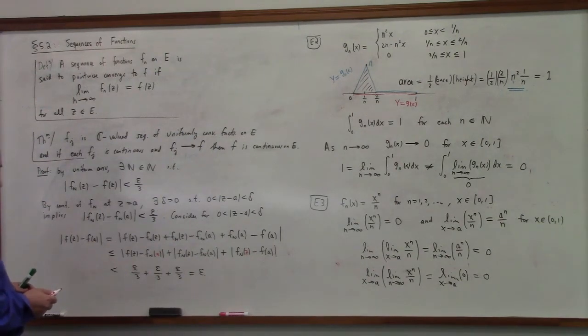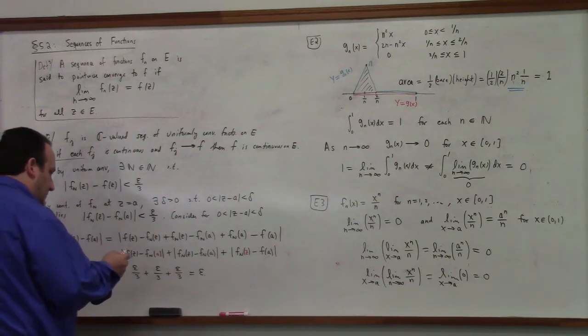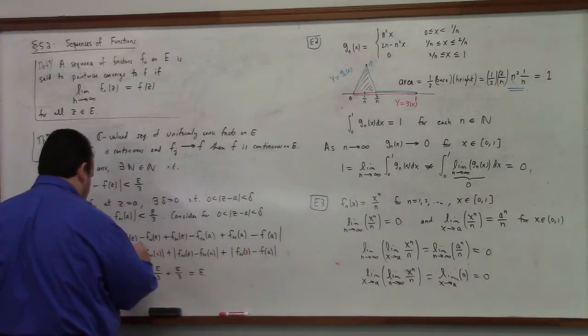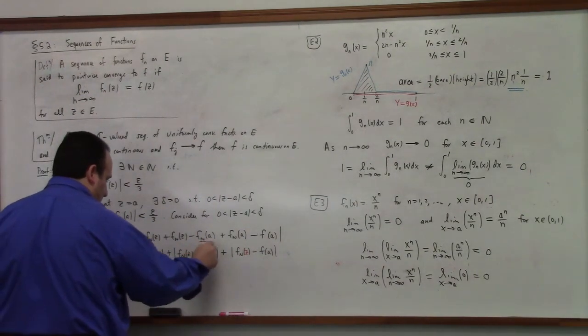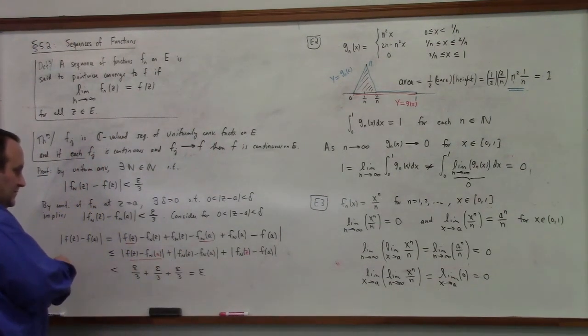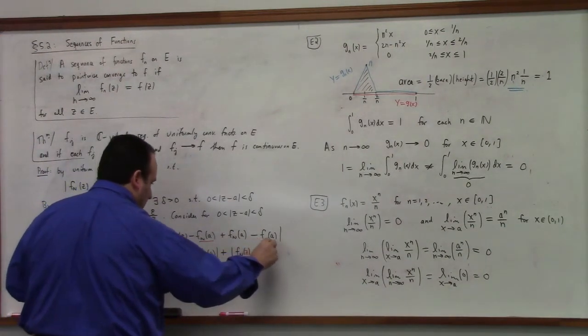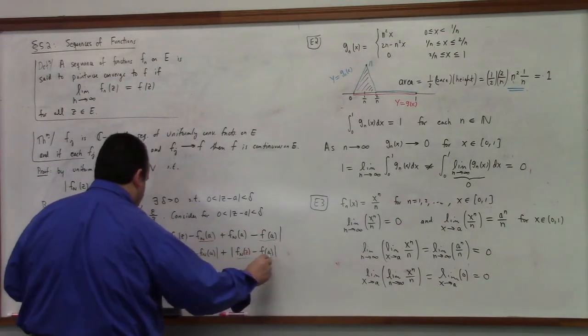You have to change the middle term to a plus though. Where did you get the second fn of a? I'm saying take this one with this one to give me that, and this one with this one to give me that.